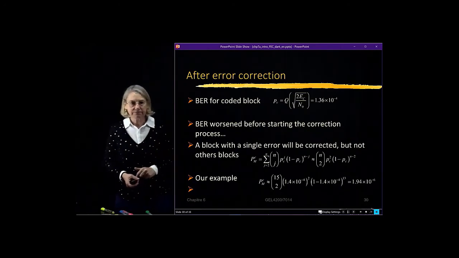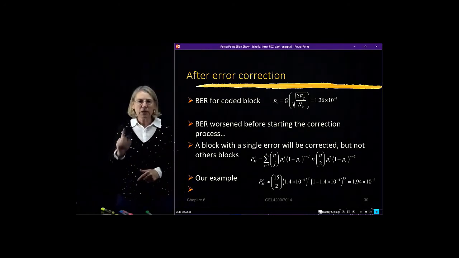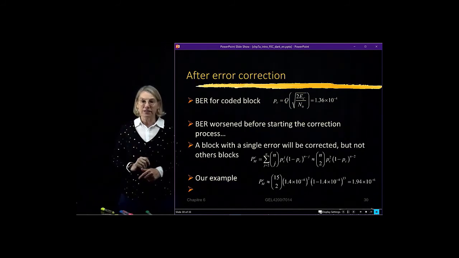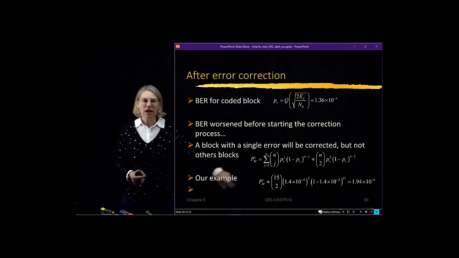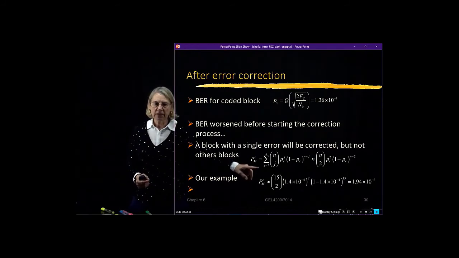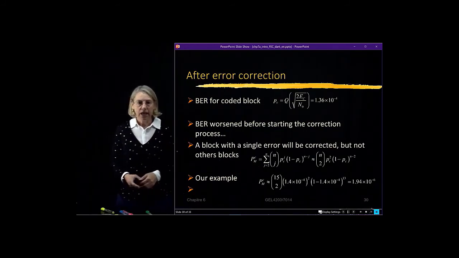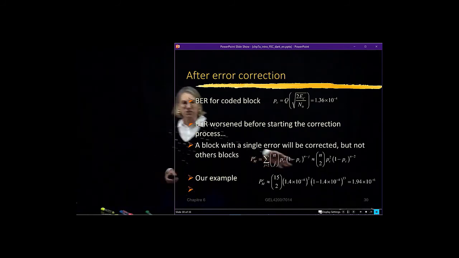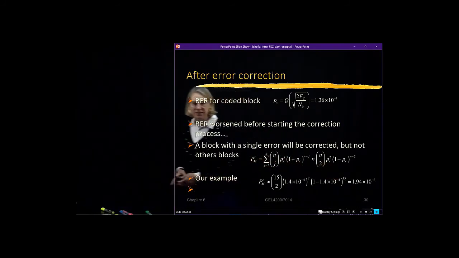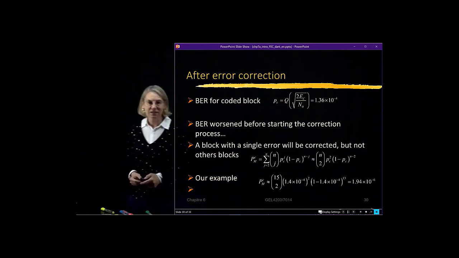Now I know that a block with one error will be corrected. So the only time that I'm going to get an error is if the errors occur not one but 2 or more. So now I calculate the probability that I will get 2 or more errors per block. And in our example, that comes out to be about 1.94 times 10 to the minus 6.